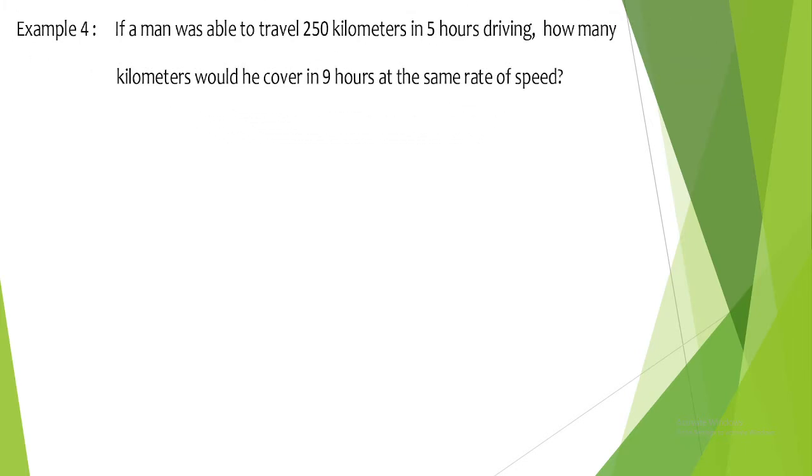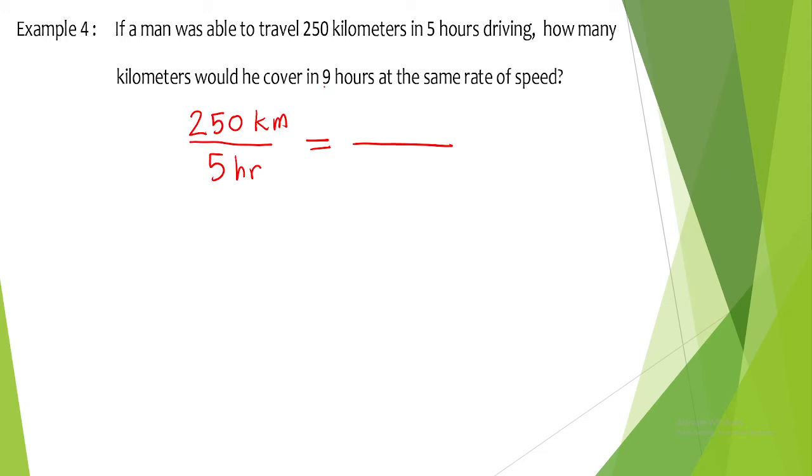Okay, let's proceed to example number 4. If a man was able to travel 250 kilometers in 5 hours, let's write that as a rate: 250 kilometers in 5 hours. How many kilometers would he cover in 9 hours?